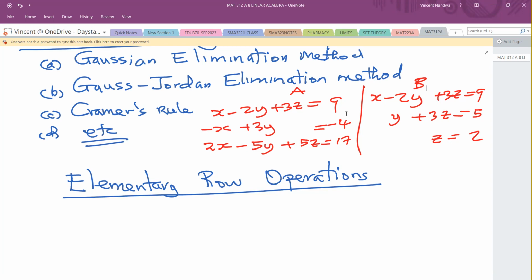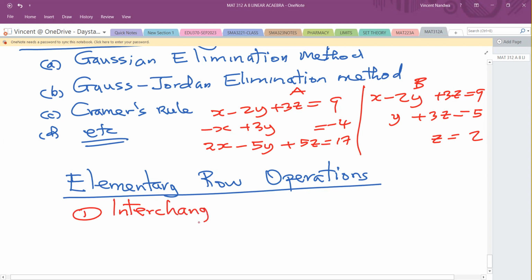And that can help us to generate what we call an equivalent system, which is easier to simplify or solve. So 1, interchange 2 rows. That when you have a system of linear equations, to arrange it, say, from the structure like A to the structure of B, we can always interchange 2 rows.